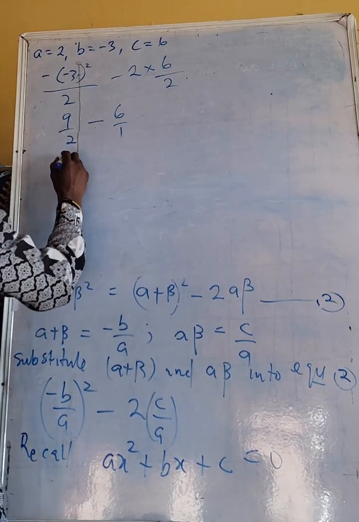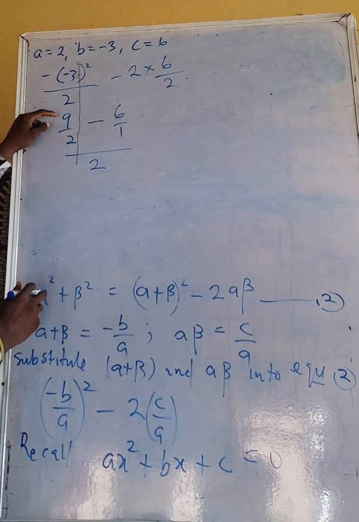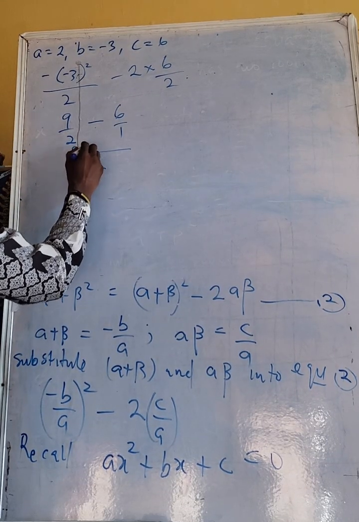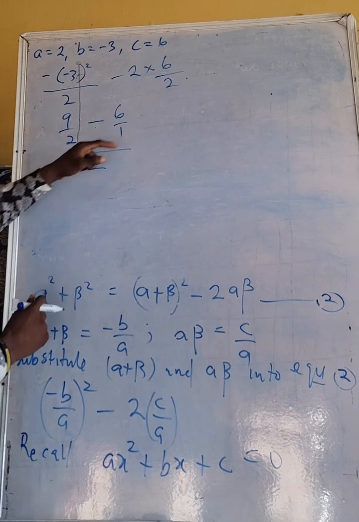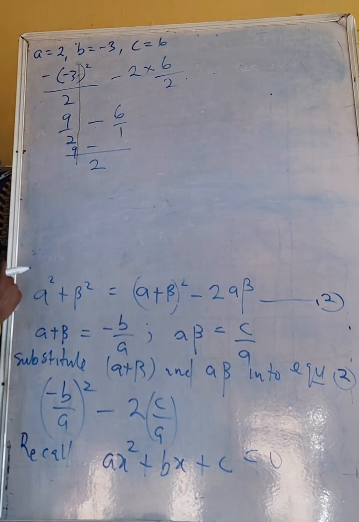So let's find the LCM of this. LCM can be 2. 2 divided by 2 is 1, 1 times 9 is 9. Minus 2 divided by 1 is 2, 2 times 6 is 12.